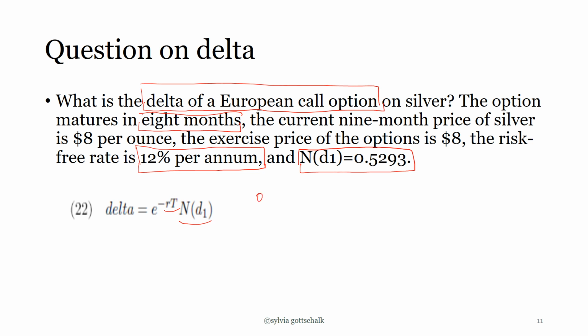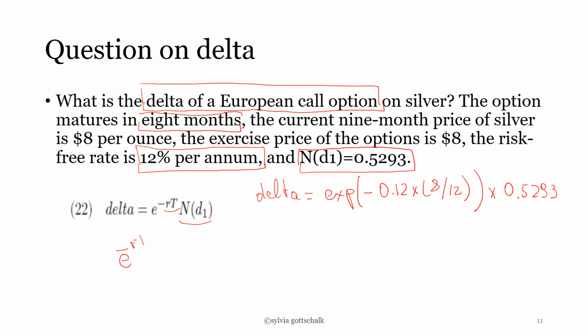So delta will be equal to exponential of minus 0.12 times 8 months, in years it's 8 divided by 12, and you multiply by N(d1), which is 0.5293. Now I wrote exp here because e to the minus rT can also be written as exponential of minus rT.